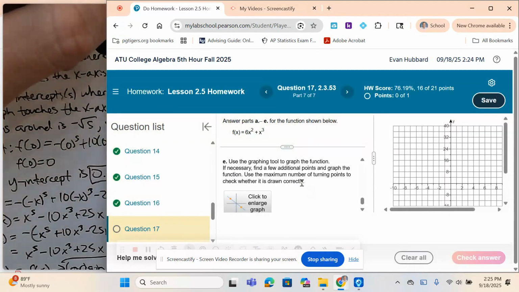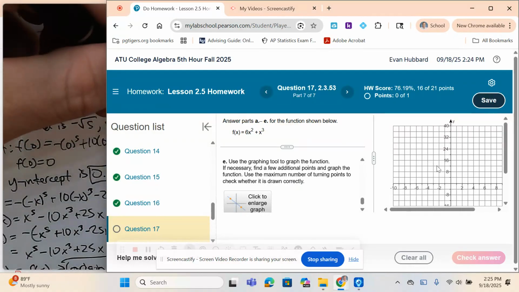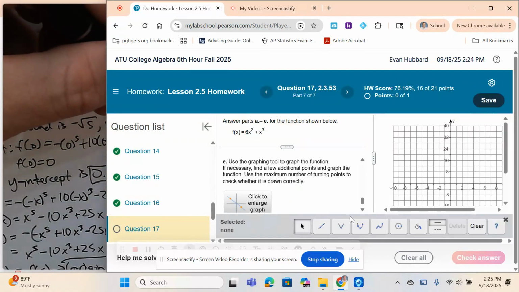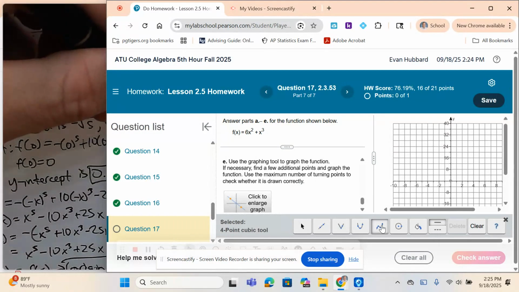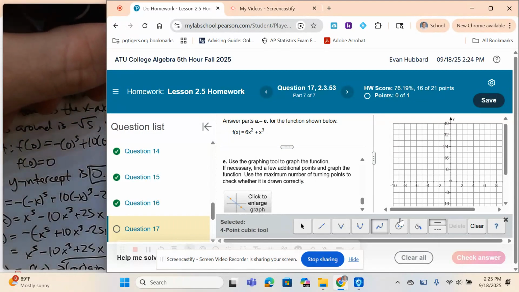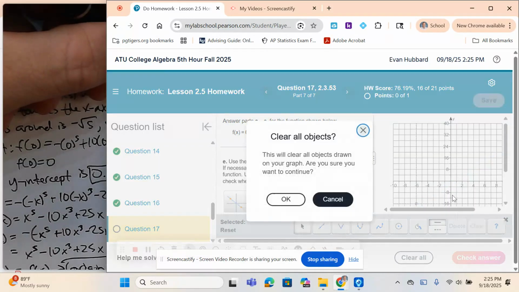Okay. Now the graphing tool. What I'm going to do is click to enlarge the graph. I'm going to use the polynomials. I'm going to plot the x-intercepts. My x-intercepts are 0 and negative... Whoops, I didn't mean to put that. Let me put this as 0. Let me redo that. Clear.